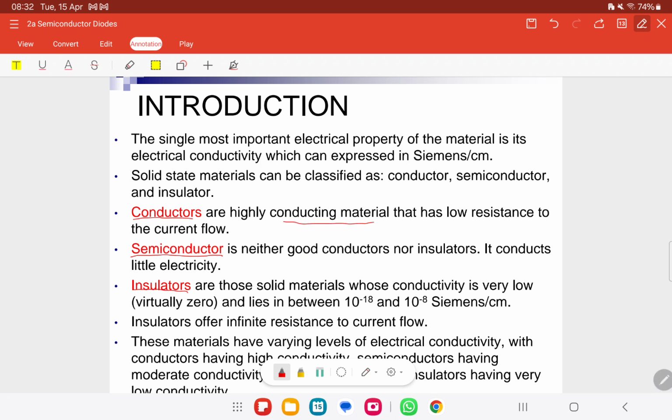Okay, highly conductive. What are the types of conductor? What is something, benda yang when you ada electric shock, you cannot hold the things? Metal, yes. Metal. Lagi? Copper.